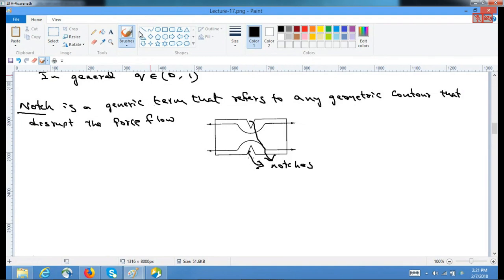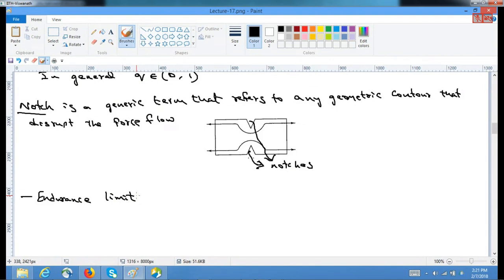Next, the endurance limit, which we thought of as infinite life, has been obtained assuming that there are no notches present, that is for a material with Q equal to zero.